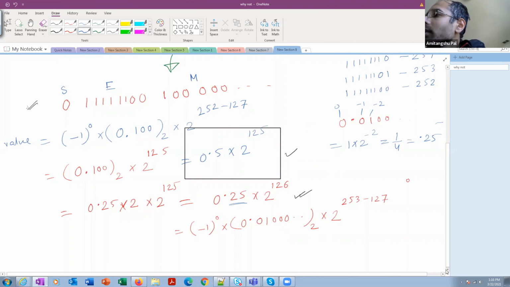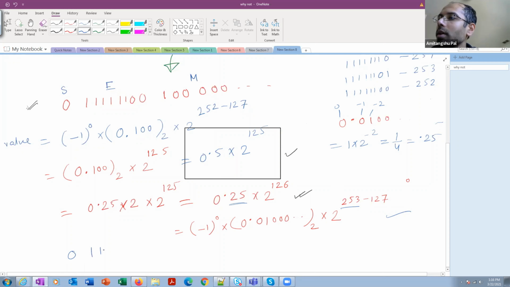Yeah. So that means if I write this part into binary, I'm going to get the sign bit as 0. The mantissa is this one. The exponent is going to be 253 converted to binary. So 253 converted to binary is 11111101.